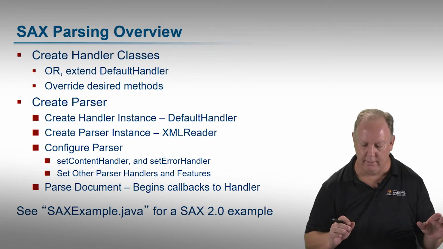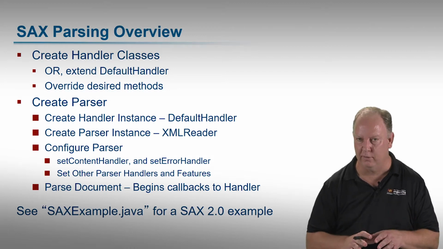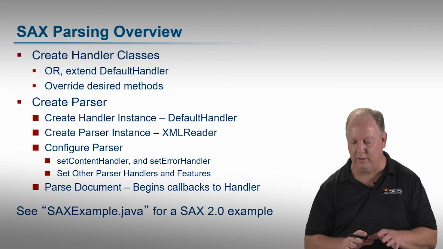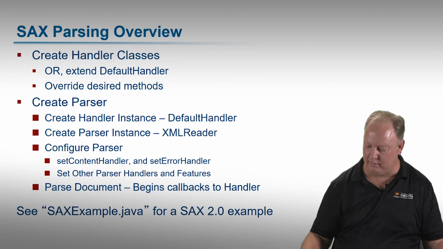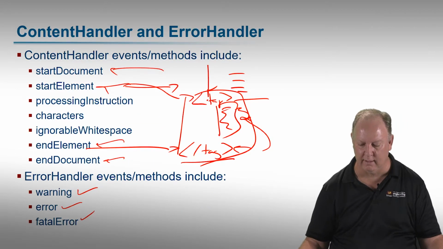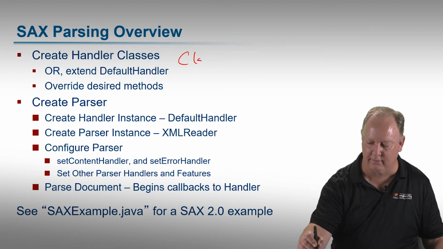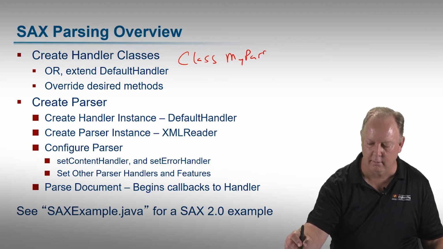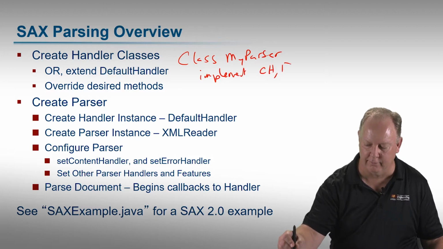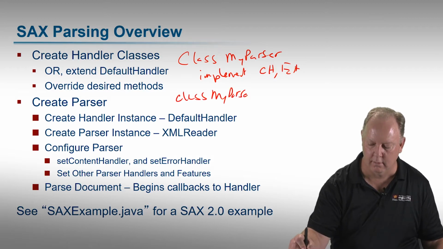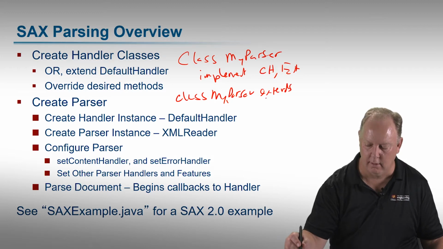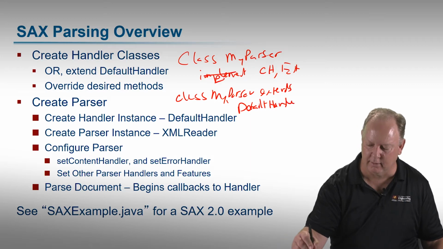So what I would do, and again, I have a code walkthrough for the SAX parsing examples as well that goes alongside the DOM one, is create a handler class yourself that implements the content handler and error handler. Meaning I might have my class, MyParser, implements ContentHandler, I'm not writing it out of course, ErrorHandler, or I could have class MyParser extends DefaultHandler, and actually this probably extends.